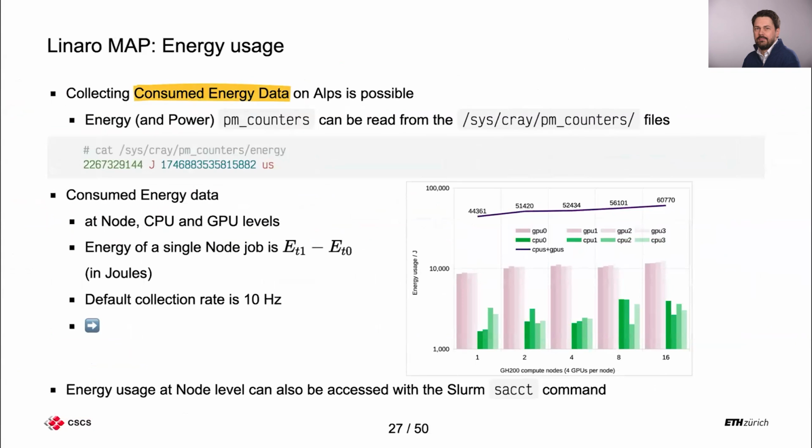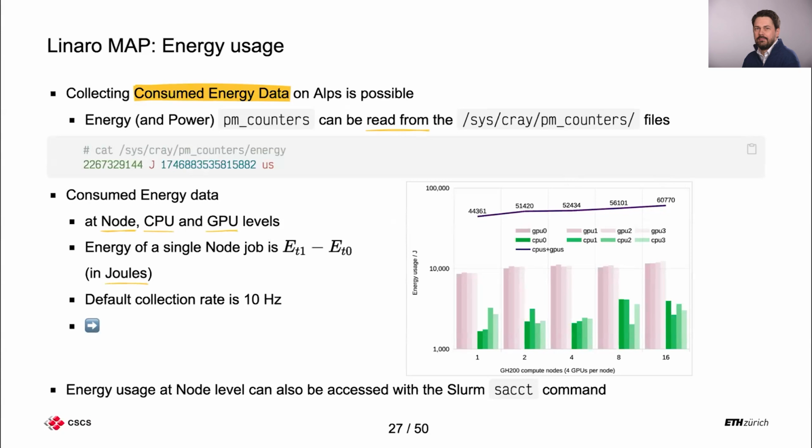So map will collect only energy data from the GPUs, but on Alps it's possible to get more. I would recommend you to use the energy counters directly from the file system here. It's not very hard to read that kind of energy data, and you will get compute node, CPU, and GPU level energy data.